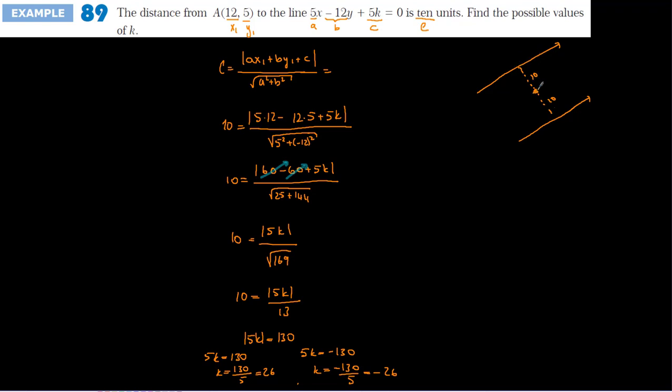The point is here, this is 12 and 5, and the first line is 5x minus 12y plus 5 times 26, which is 130, equal to 0. And the other one is 5x minus 12y minus 130 is equal to 0.